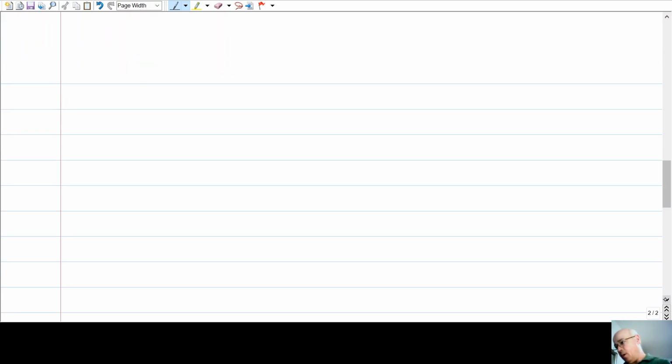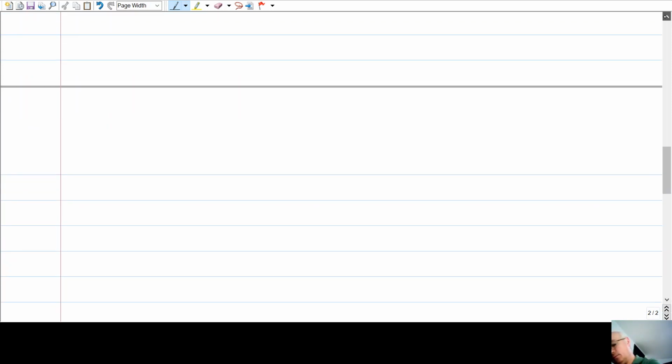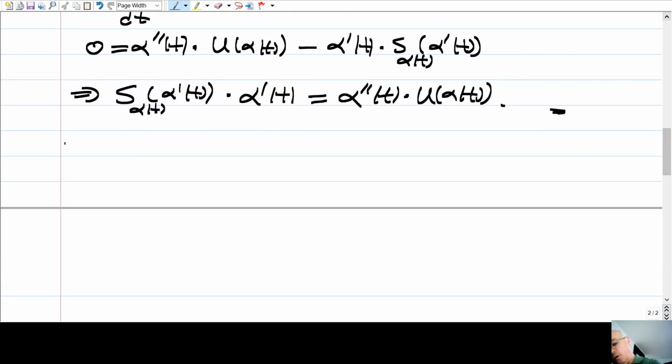Okay, so from this equation we see that the acceleration vector dot product with u, this is nothing but the length of the component of the acceleration vector in the normal direction, and that quantity is determined by the shape operator basically.